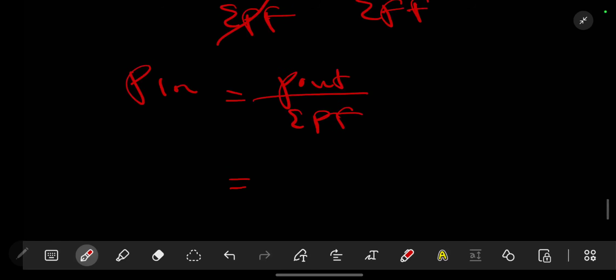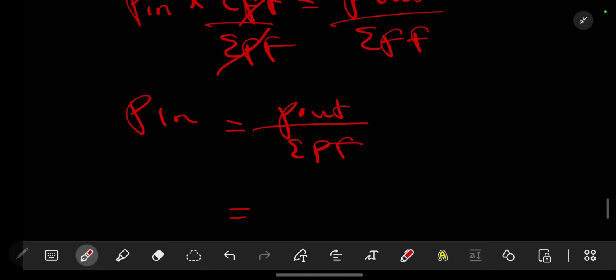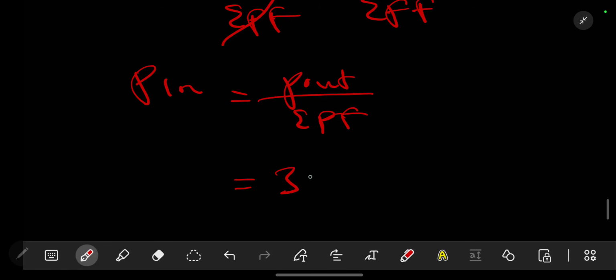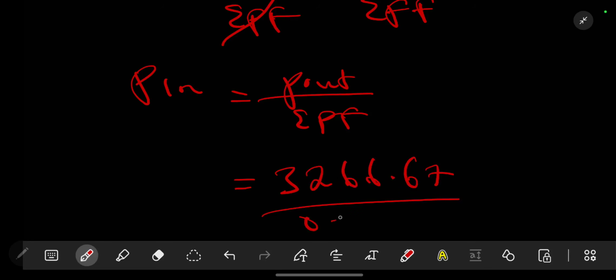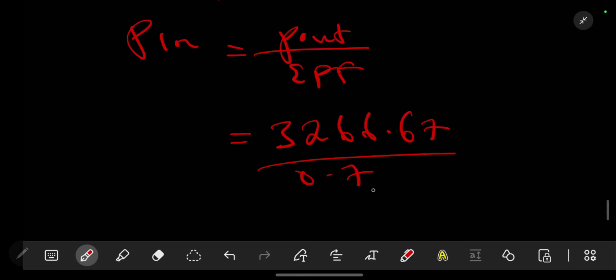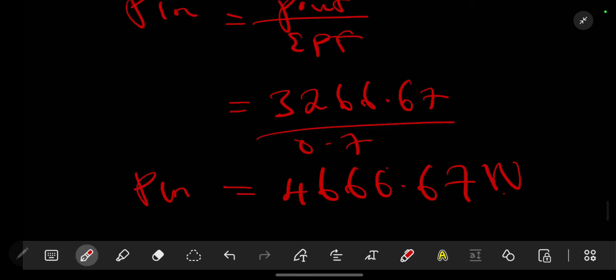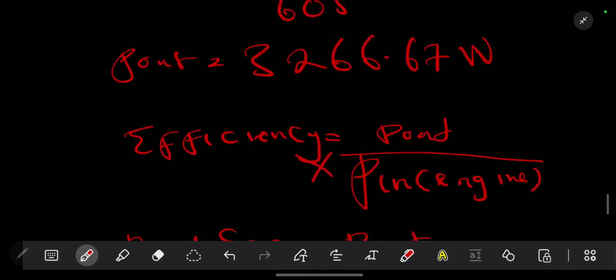So this gives us 3266.67 over the efficiency of 0.7. Divided by 0.7, we have 4666.67 watts. So this is the power input or the power of the engine.